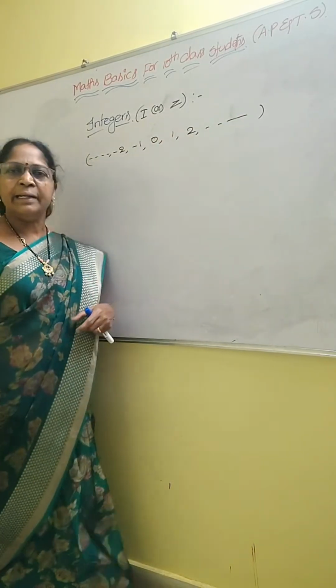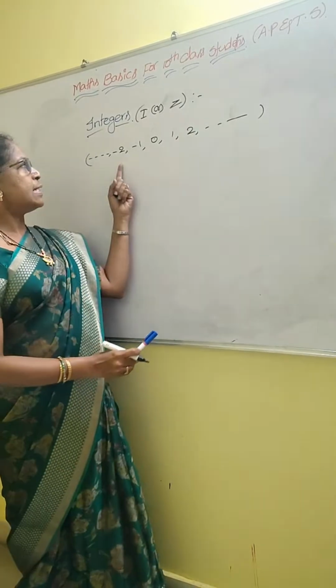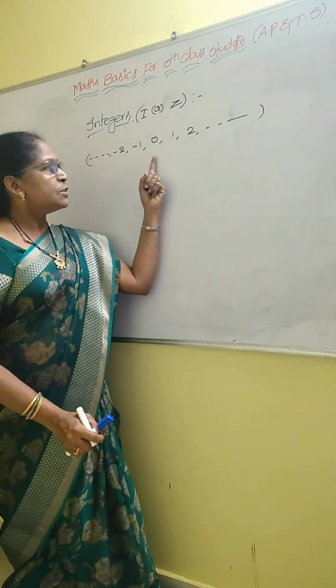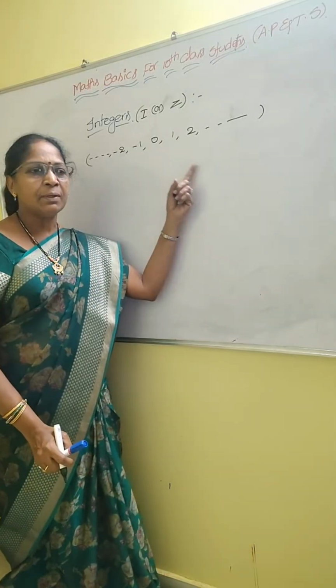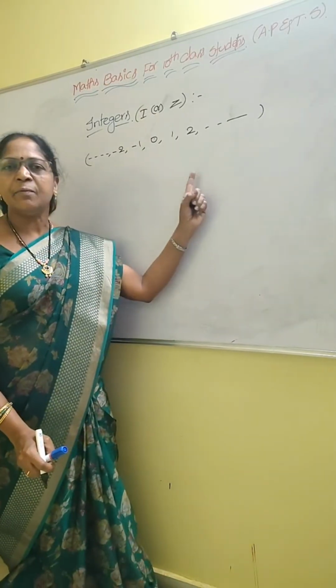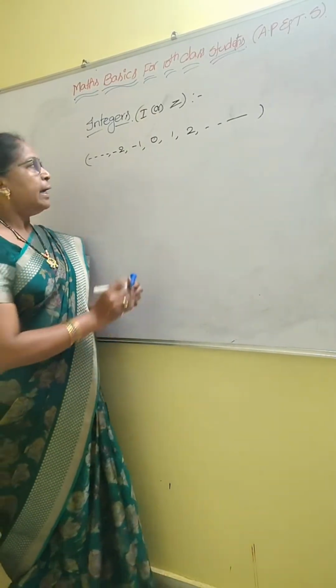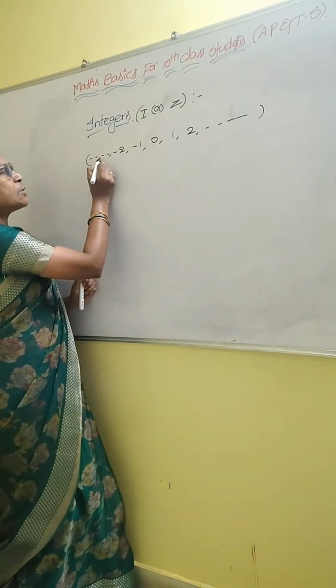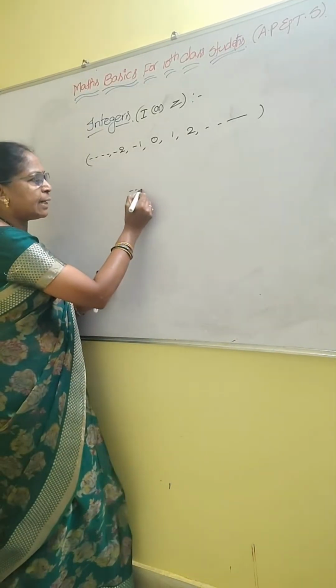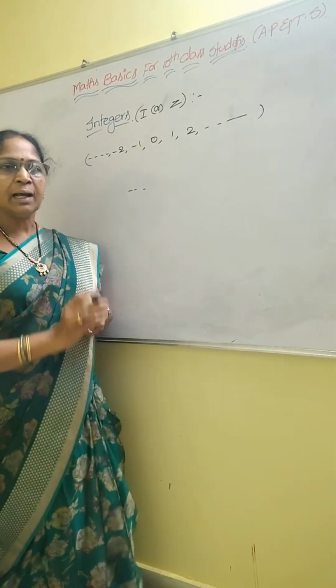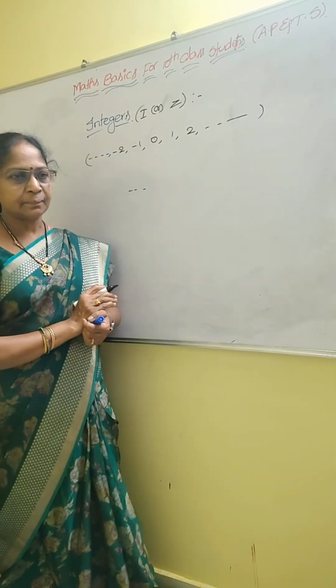The combination of negative numbers, 0 and positive numbers together we call integers. If you represent it like this, that is nothing but and so on.